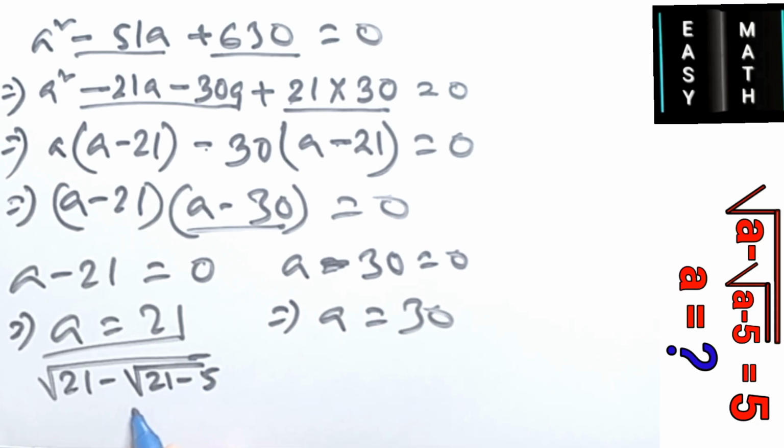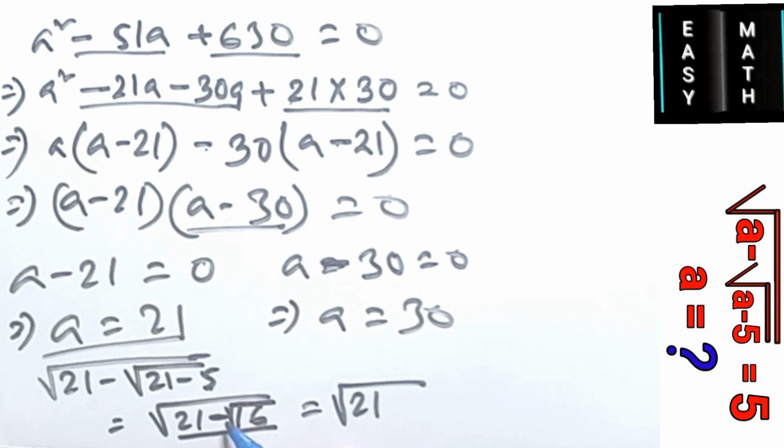So 21 minus 5 is 16, root 16 is 4, so root 21 minus 4, which is not equal to 5. So this is not proven.